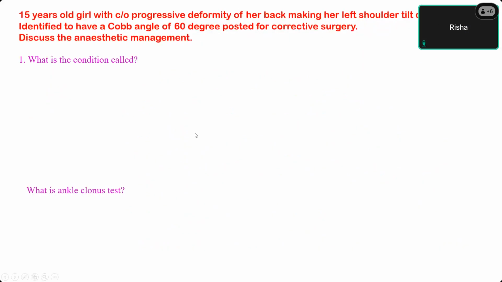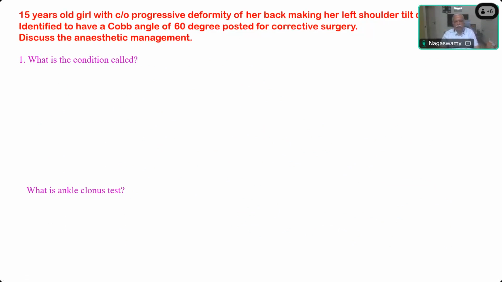So this is the case summary given here. A 15-year-old girl with progressive deformity of her back, making her left shoulder tilt downwards. That means the right shoulder is tilted upwards. Identified to have a Cobb angle of 60 degrees, posted for corrective surgery.